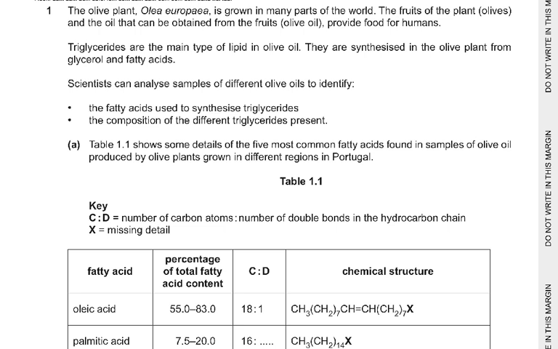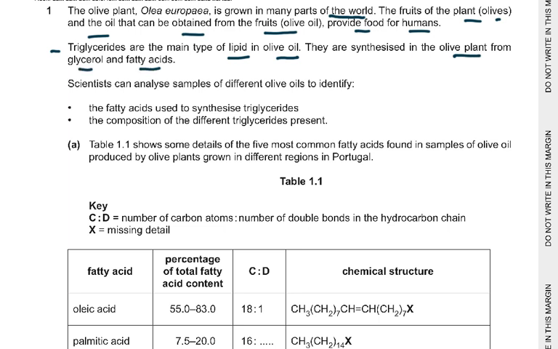The olive plant, Olea europaea, is grown in many parts of the world. The fruits of the plant, olives, and the oil that can be obtained from the fruits, olive oil, provide food for humans. Triglycerides are the main type of lipid in olive oil. They are synthesized in the olive plant from glycerol and fatty acids.